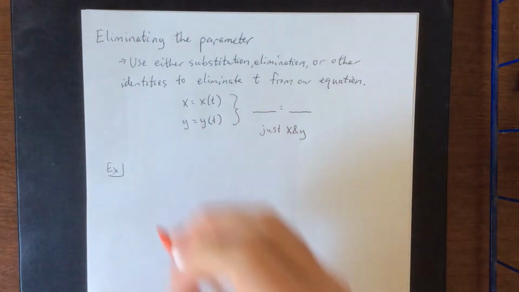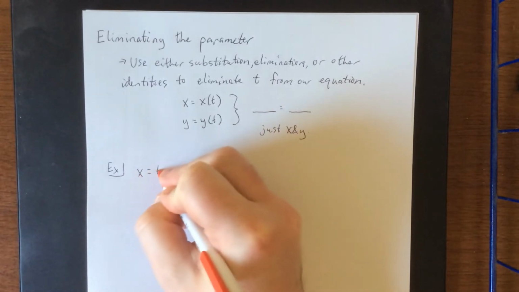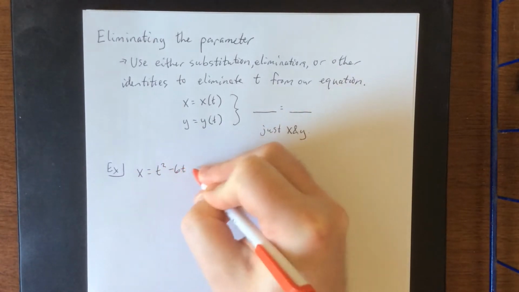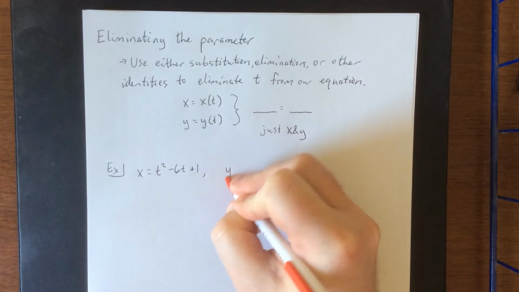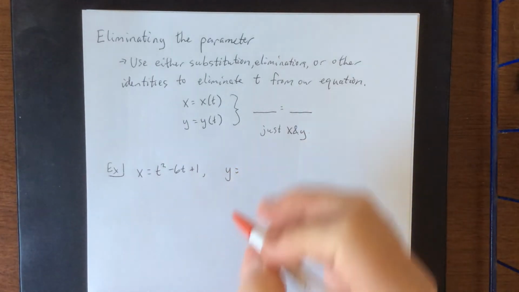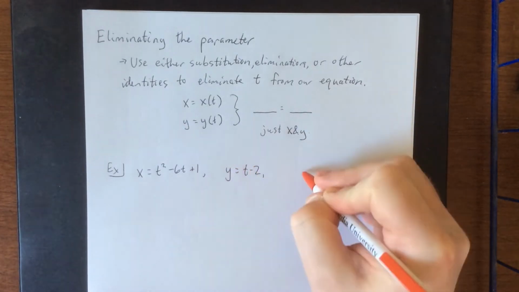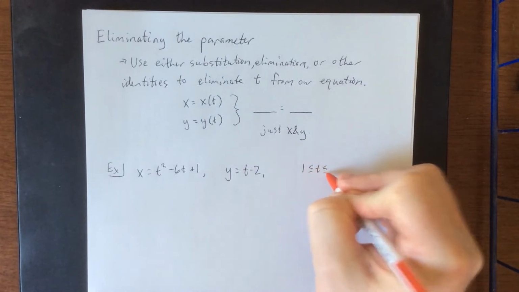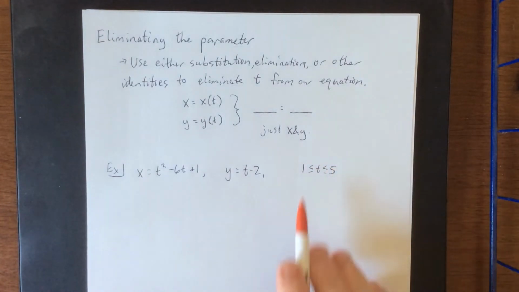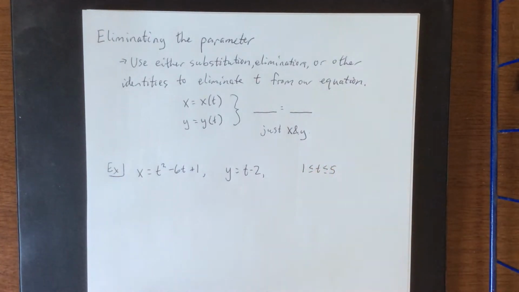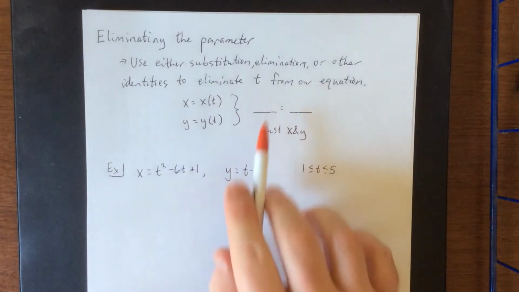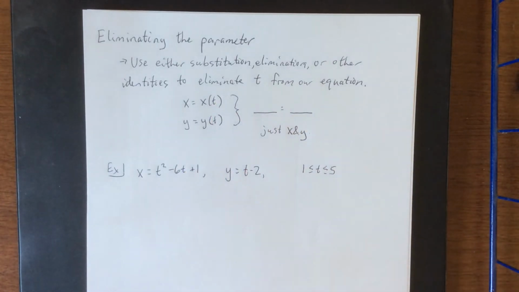So the previous example that we had just gone through was x is equal to t squared minus 6t plus 1. And we also had y is equal to t minus 2. And the given parameter is that t was going from 1 to 5. Now again, we can either use substitution, elimination, or some other identity to try to get rid of t.